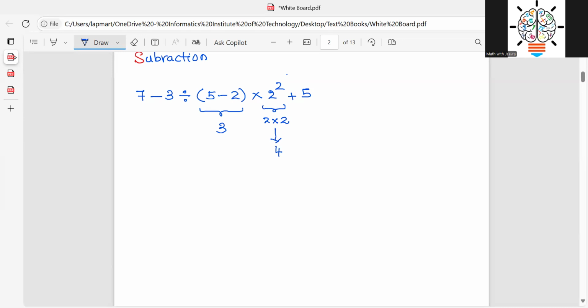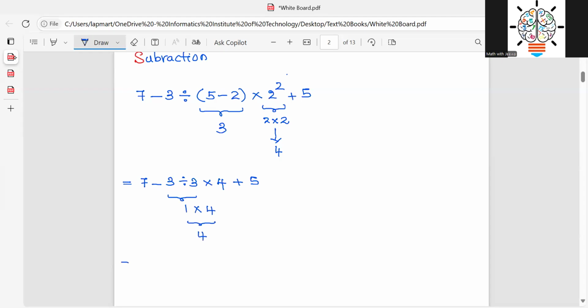So then I rewrite the question. You just see now: 7 minus 3 divided by 3 multiplied by 4 plus 5. Now 3 divided by 3, 1. 1 multiplied by 4, 4.